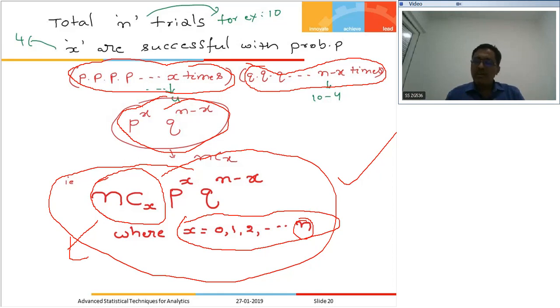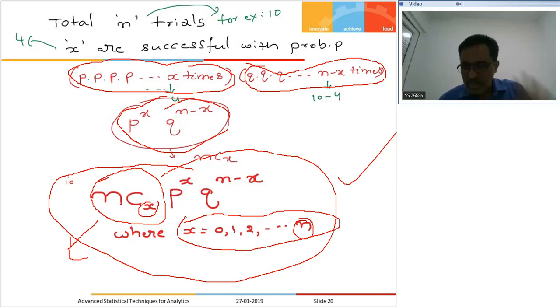Instead of Gautam Gambhir and Kohli opening the innings, you can have some third person coming as an opener. With 11 players, we can have various combinations of the teams. How many ways we can have is denoted by NCX, that is, how many combinations we can have from n in total with respect to x. That is called NCX. This total is one expression, NCX.